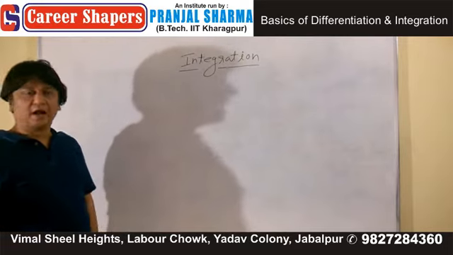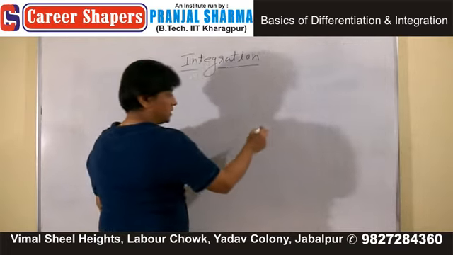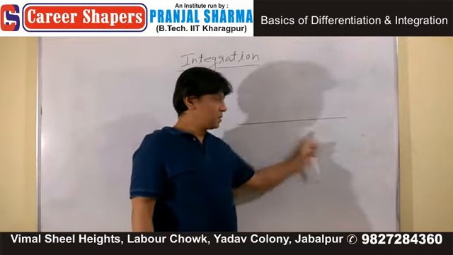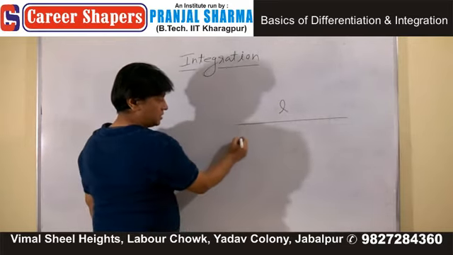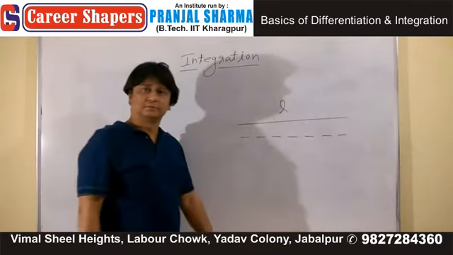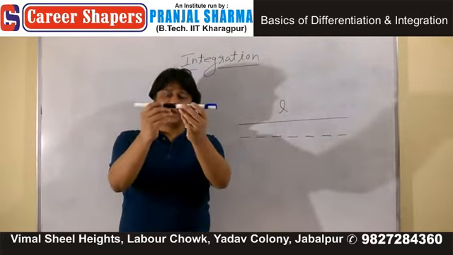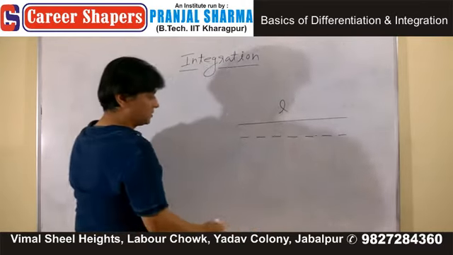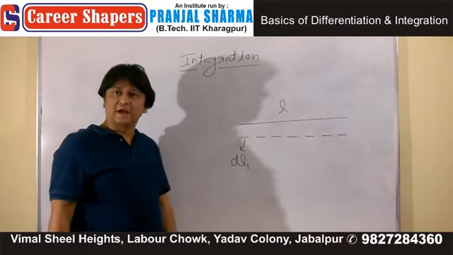Everybody knows what integration is. Just to give you an elementary idea, if we have a rod of length L and you cut this rod into small length segments, then this piece, its length is dl1.